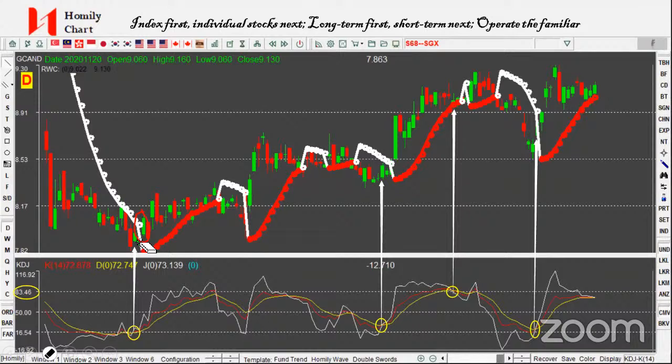If the following day you buy, you can buy 2 days earlier than the red circle, because after the golden cross here, the following day is still a white circle. The third day is the red circle, but we only have a chance to buy after we see the red circle. So it's 2 days earlier.